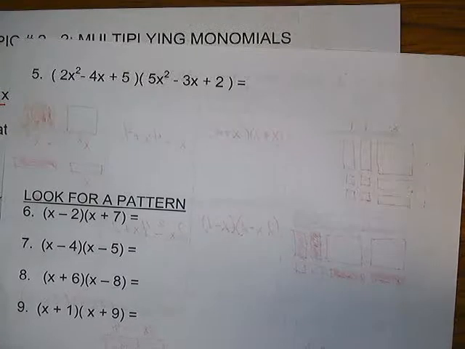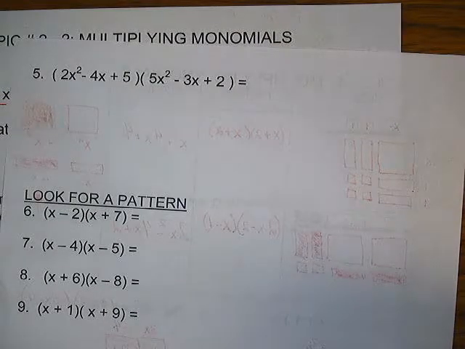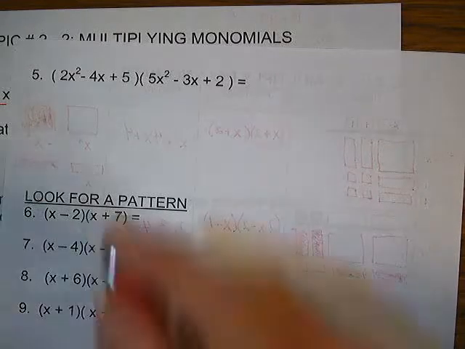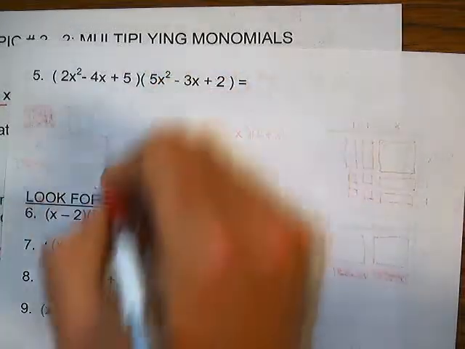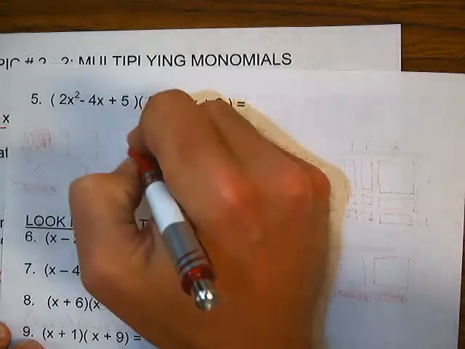Okay. Now, anytime, okay, we have a trinomial times a trinomial. Okay, so we're going to have 3 boxes up or across, 3 boxes down below.